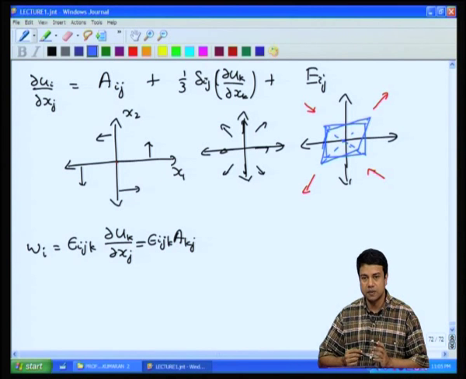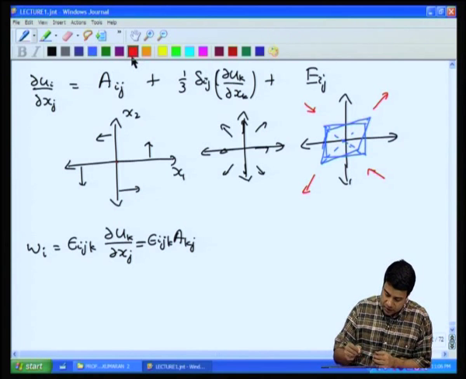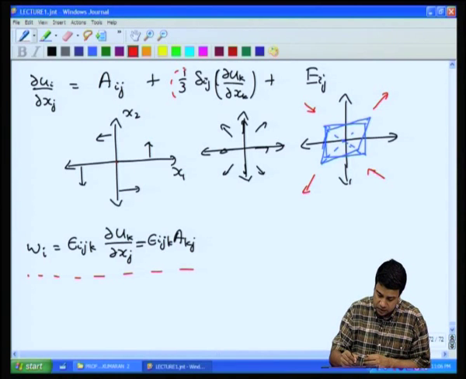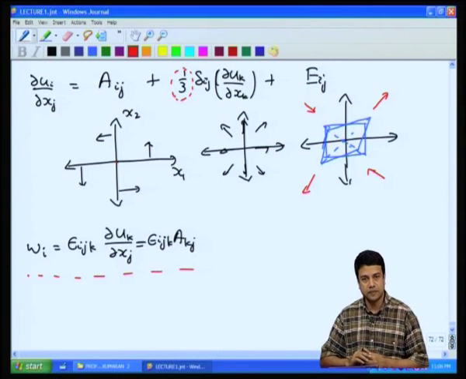If you go to three dimensions, you have a symmetric traceless tensor, which is a 3 by 3 matrix. Similarly, the antisymmetric part is also a 3 by 3 matrix. For the antisymmetric part, this still holds. Note that what I have written here is for 3 dimensions, this 1/3. In the last class, I showed you that for 2 dimensions, it is equal to 1 by 2.